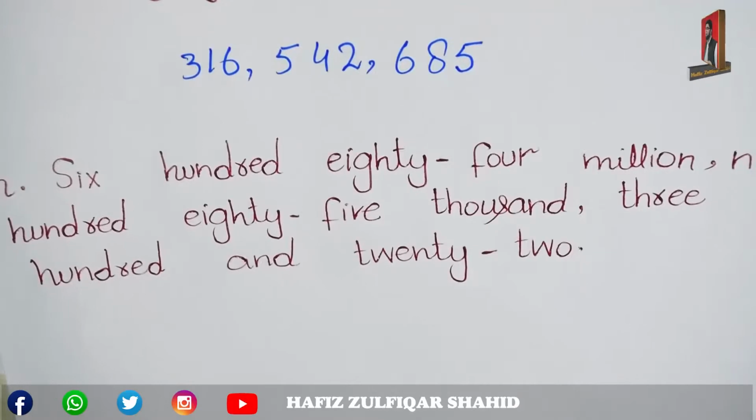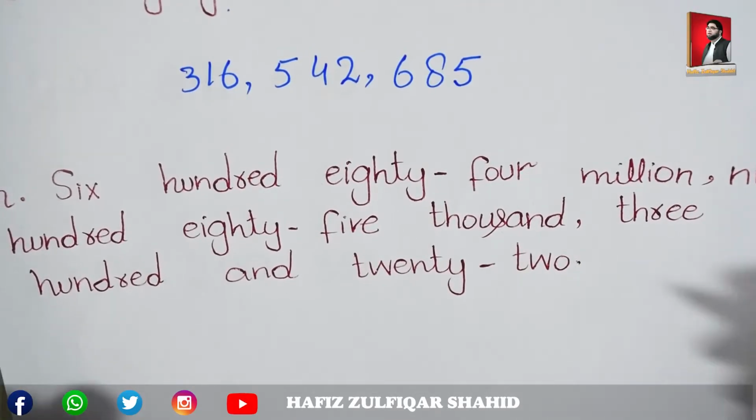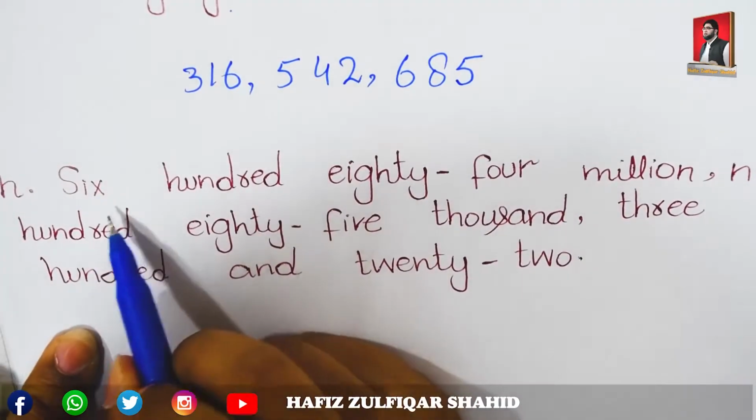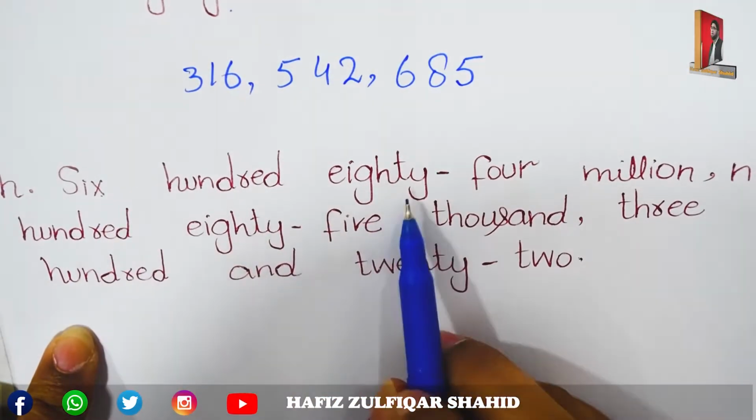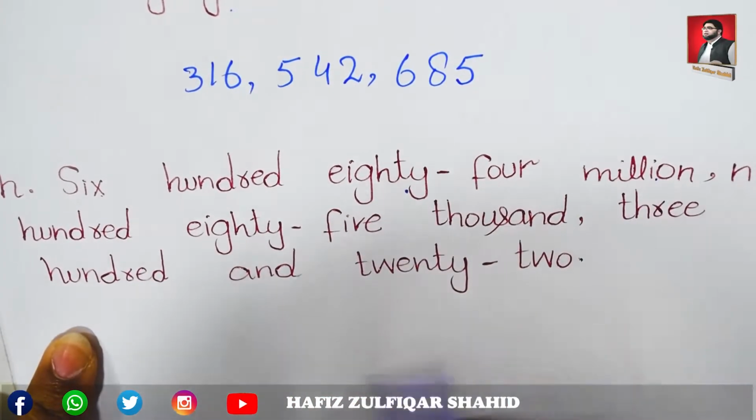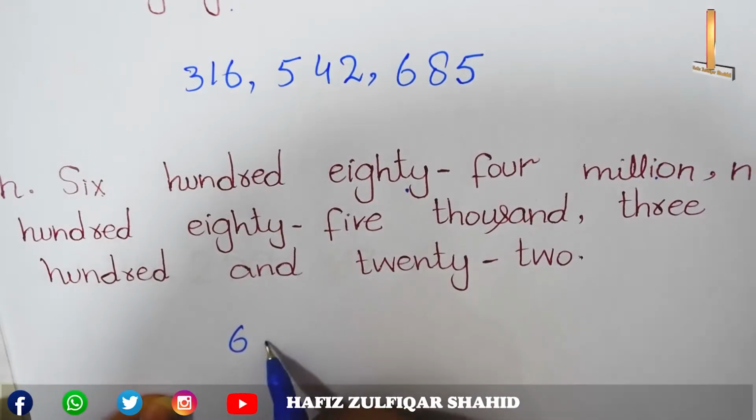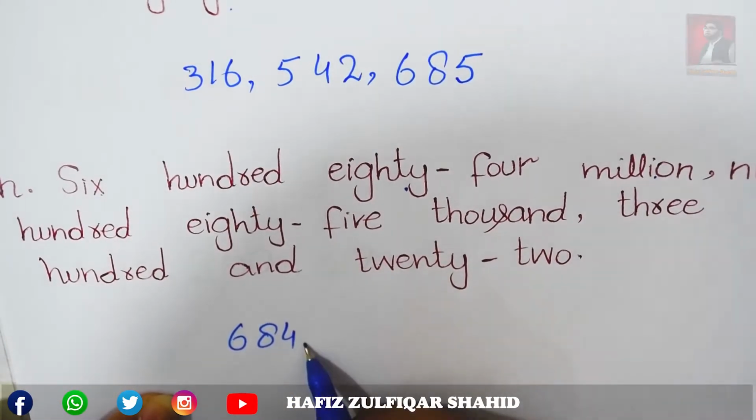Students, let's do another question. And here we have 600 684 million. Let's write down 684 million.